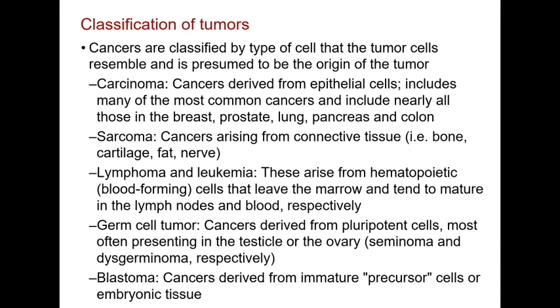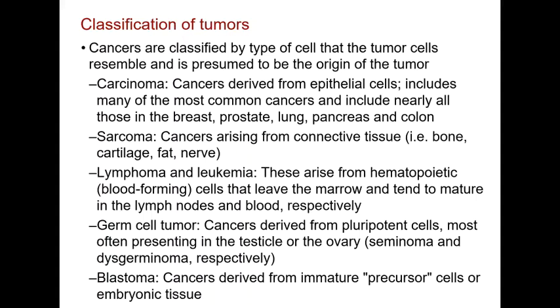Lymphoma and leukemia are another type of tumors. They arise from hematopoietic cells, those cells involved in blood formation. They leave the bone marrow and mature either in lymph nodes or blood. Those that leave the bone marrow and mature in lymph nodes are called lymphomas. Those which leave the bone marrow and mature in blood are called leukemia.